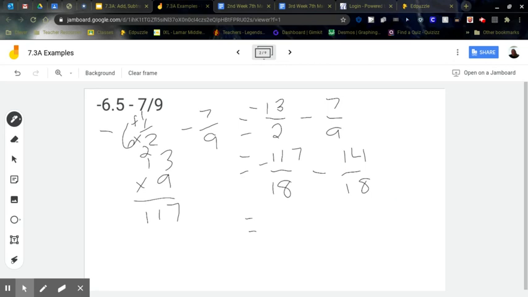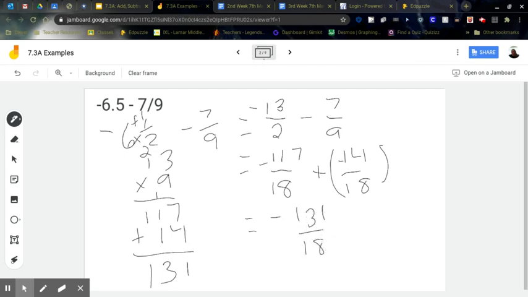So I can make this plus a negative 14 over 18, and that makes it so I can just add those two together. So 117 plus 14, we'll use that over here. 7 plus 4 is 11, carry the 1. 1 plus 1 plus 1 is 3, and then 1. So my answer ends up being negative 131 over 18, okay?